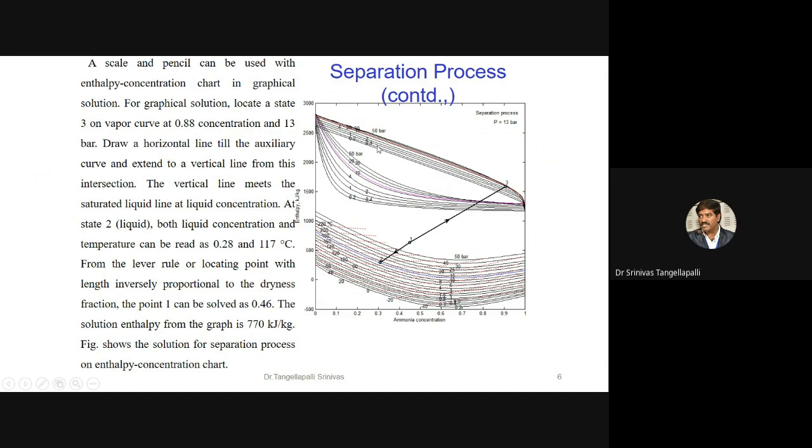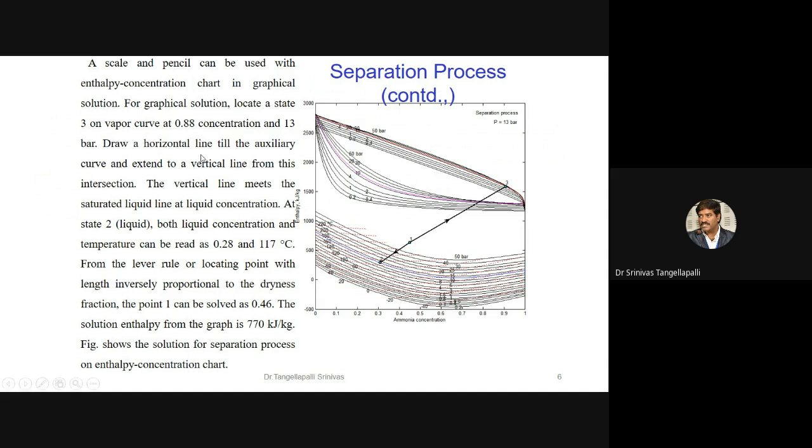The figure I showed earlier is given up to 20 bar, so you get more clarity. If I draw up to 100 bar, you see more congested curves. Of course, here the 13 bar point I'm showing as 3, so easily you can locate point 3.